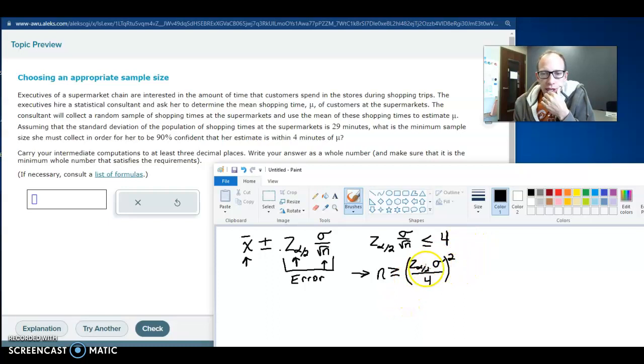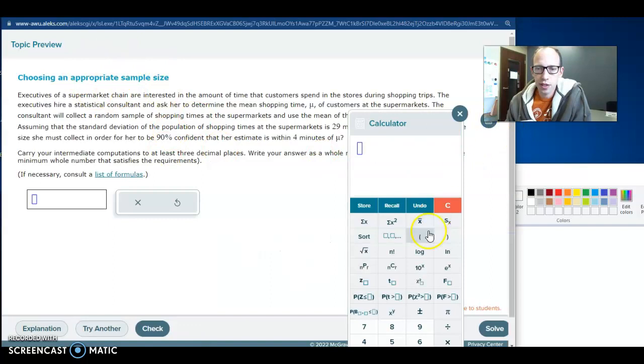But in our case, we want a 90% confidence interval. So we need the z of 0.05, and why 0.05? 90% confident, that's 10% that's not confident. That 10% gets split into the two, either it over predicts the mean or under predicts the mean.